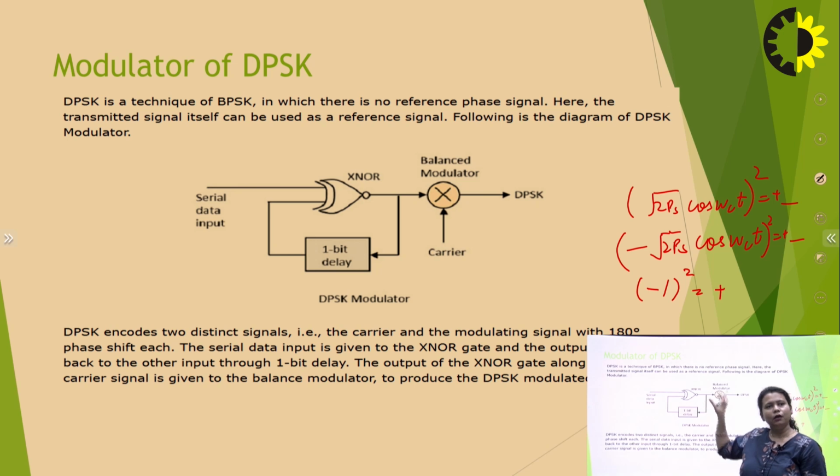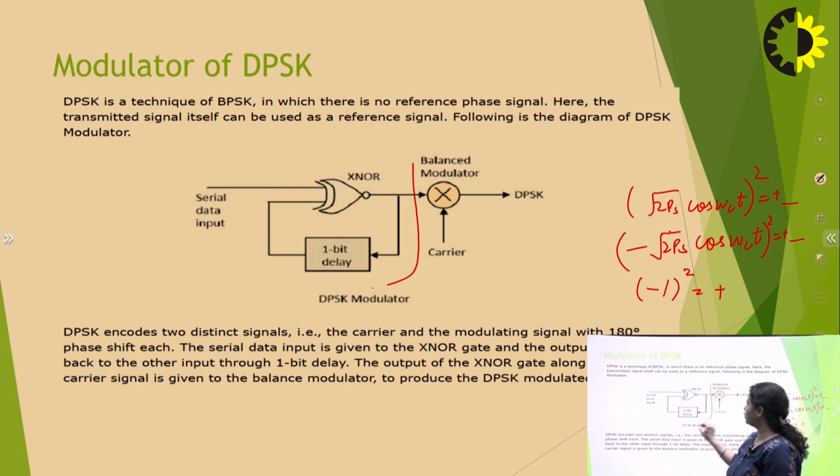There is a coding pattern after this, and that signal is applied to a modulator. Here we use a carrier signal, again cos omega ct, to transmit our low frequency signal, and the modulated signal we get is DPSK.